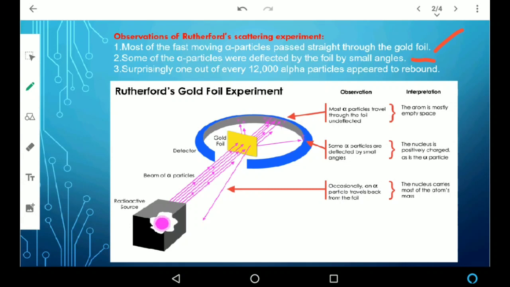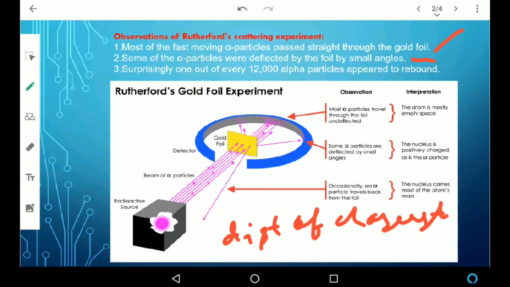Surprisingly, none of them could reach the nucleus or bombard the nucleus, and that distance I have already told you is known as the distance of closest approach.